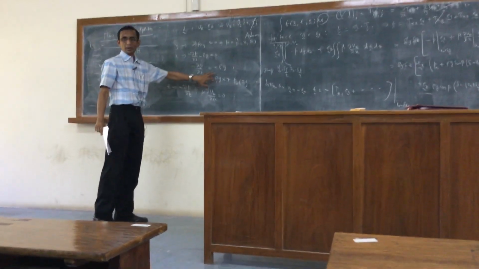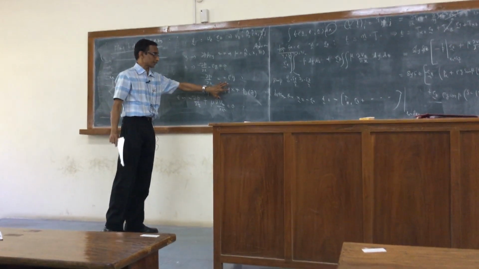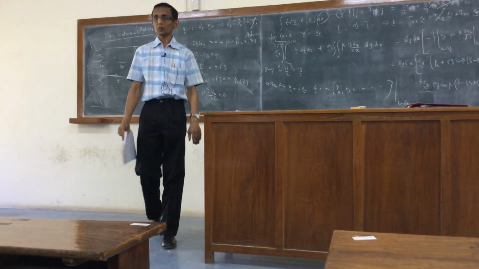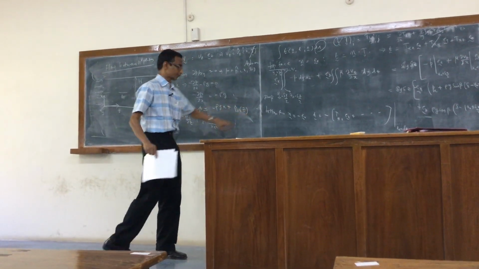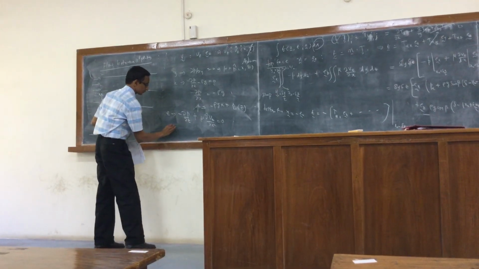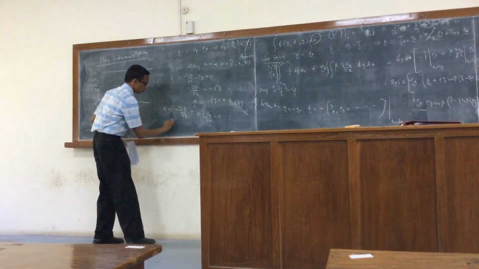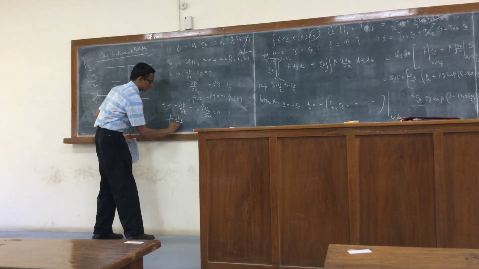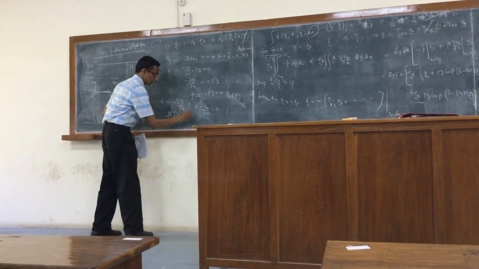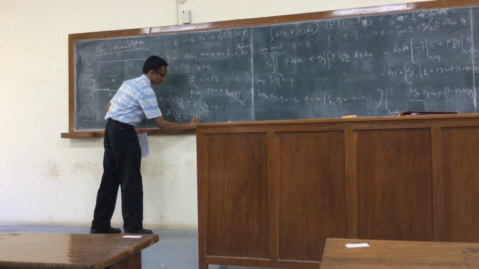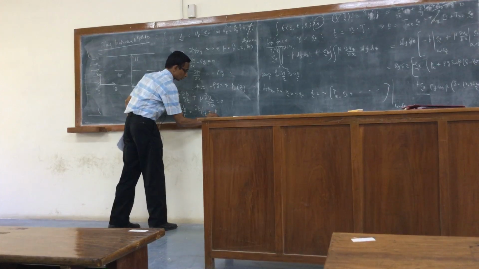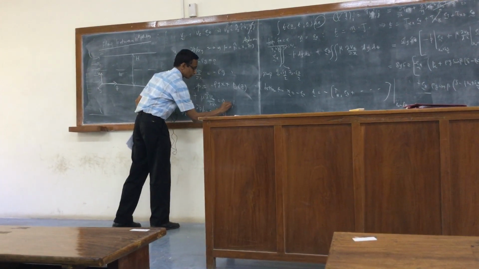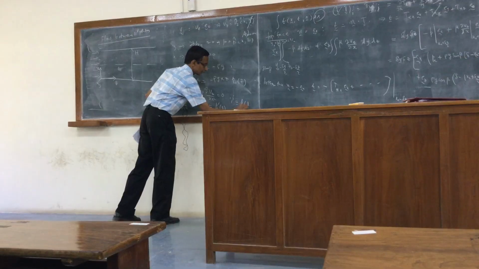Now, if I differentiate P with respect to z, this term will not contribute. So minus dP by dz would simply be minus dP naught by dz. This would mean that mu times d squared Vz by dx squared is equal to dP by dz. I'll write dP by dz as P naught prime of z, where prime denotes d by dz.